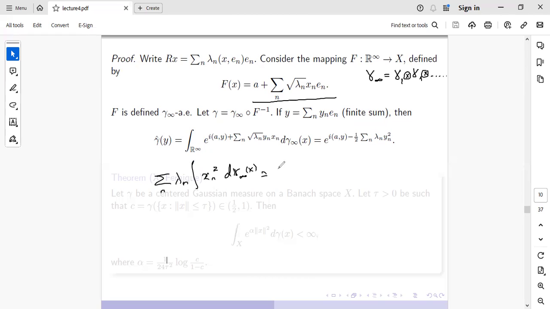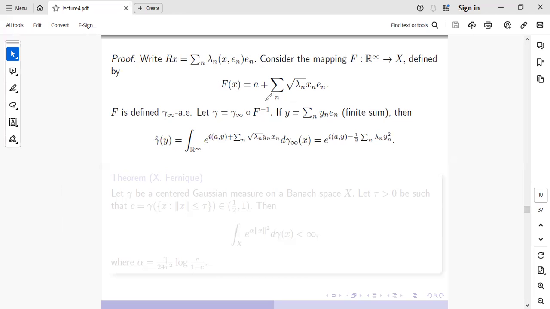So we get sum of lambda n, which is finite. And now if we write it as follows, we deduce that for almost all x, the sum of lambda x squared is finite. So hence we can define the image gamma, which is the image of gamma infinity under f, and this will be a measure on x.